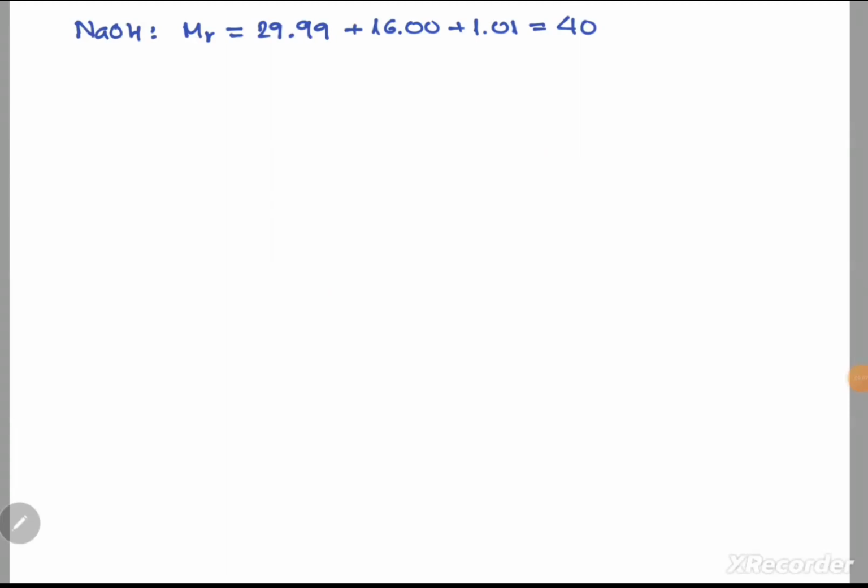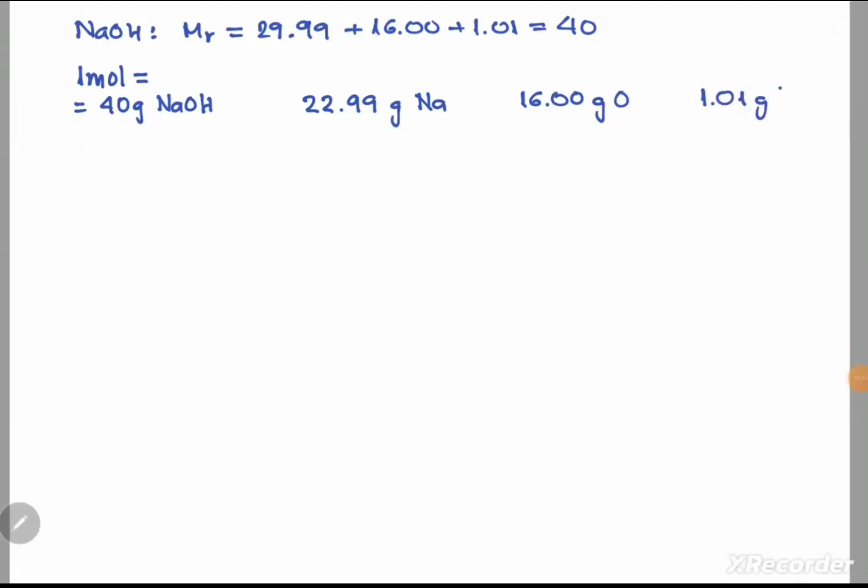Let's take the relationship between the compound and the chemical elements which contain. 1 mole equal 40 grams sodium hydroxide contains 22.99 grams sodium, 16 grams oxygen, and 1.01 grams hydrogen.